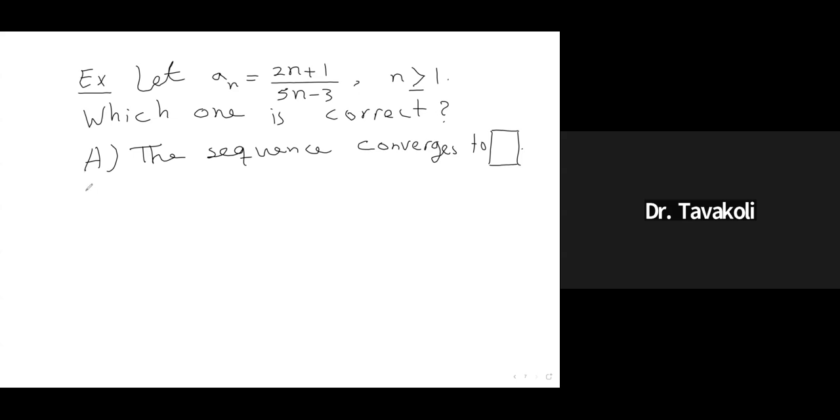Or B, the sequence does not tend to a finite number, and the sequence diverges. But before doing this example, remember that converges means that the limit of the sequence is a finite number.